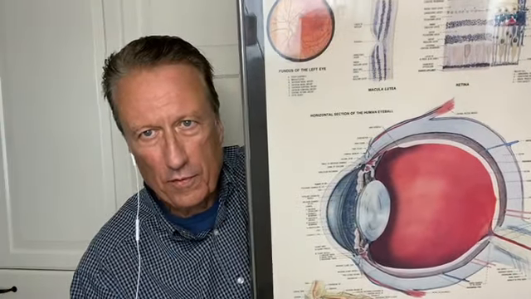And we'll be working our way right through the eye. We're kind of at the front of the eye right now. Let me show you on the poster again. We're kind of at the front part of the eye talking about the lens. We're going to work our way back through the vitreous body.